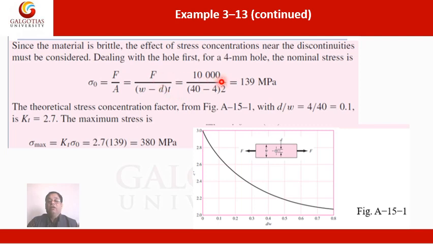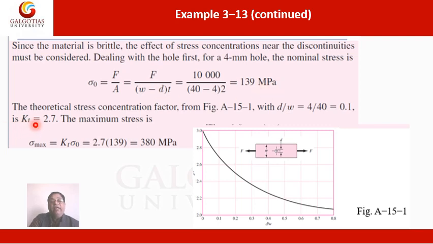So 10 kilonewton converted into Newton is 10,000. The width of the plate is 40 mm, the diameter of the hole is 4 mm, and the thickness of the plate is 2. So 139 megapascal is the stress when there is no hole, in normal condition, the average stress.